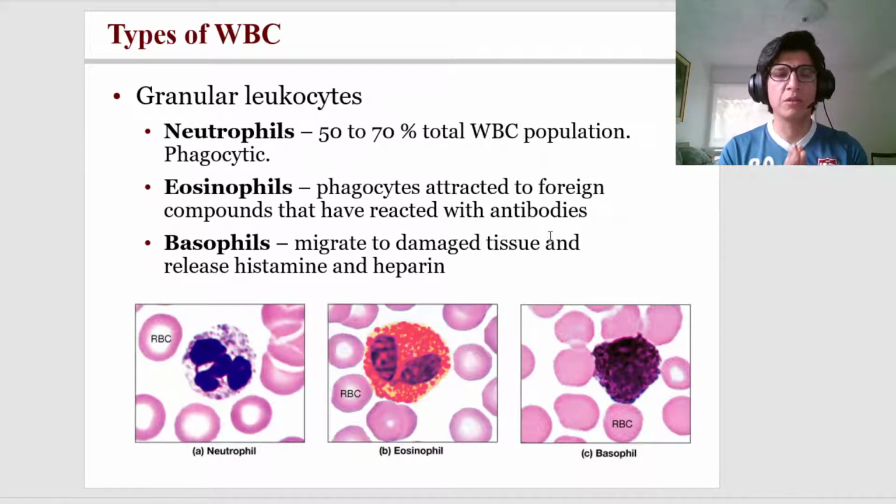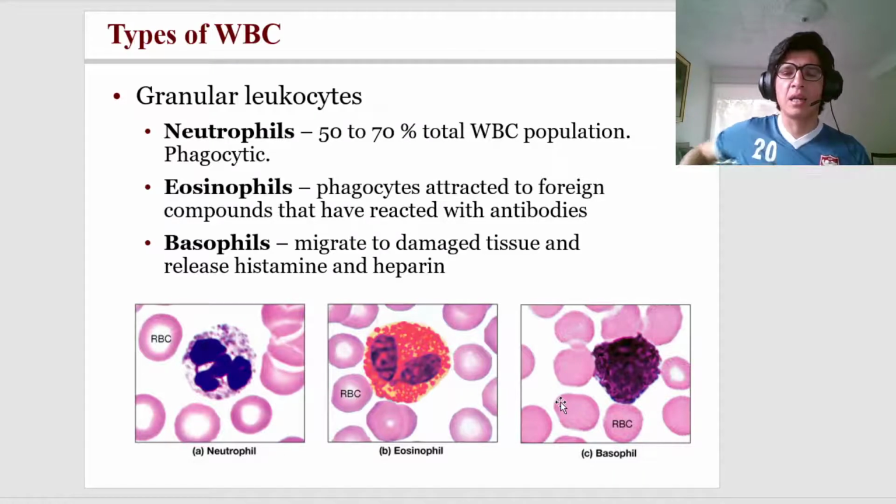Neutrophils are going to be your most prevalent. Neutrophils and eosinophils both have phagocytic functions. Basophils are involved in an inflammatory response. So they will release histamine and heparin that will recruit this inflammatory response.